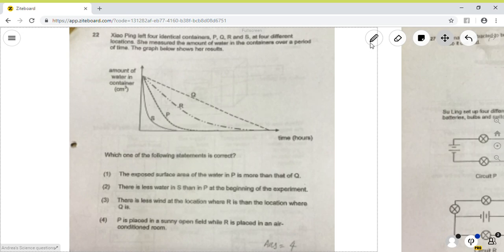But what we can tell is that the water in S evaporates the fastest, not the most, the fastest.